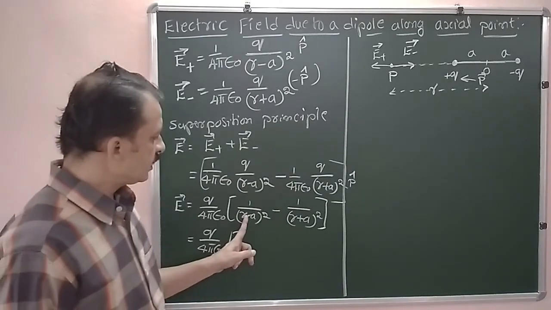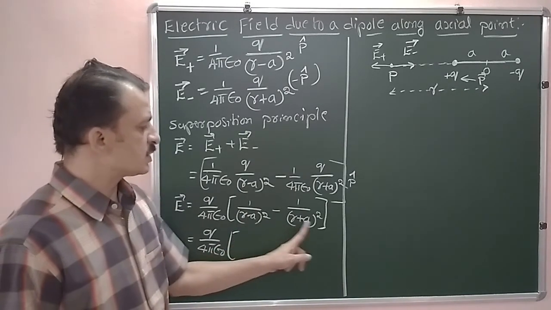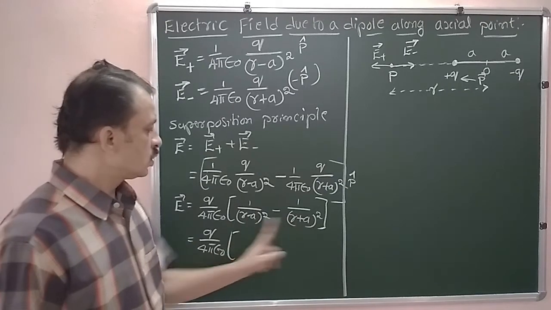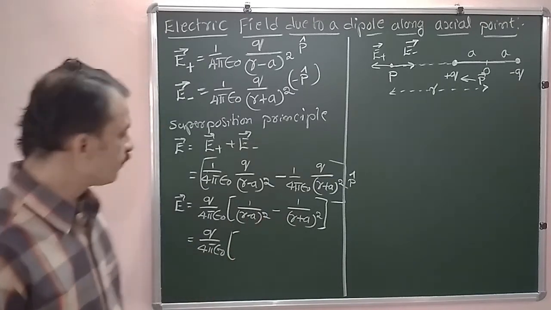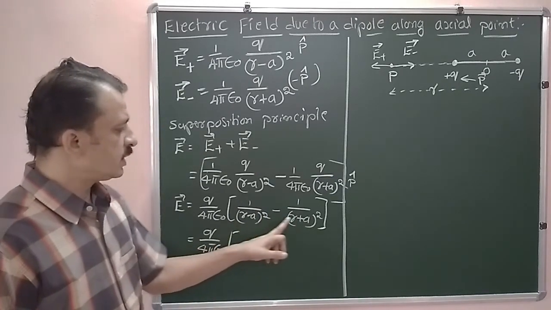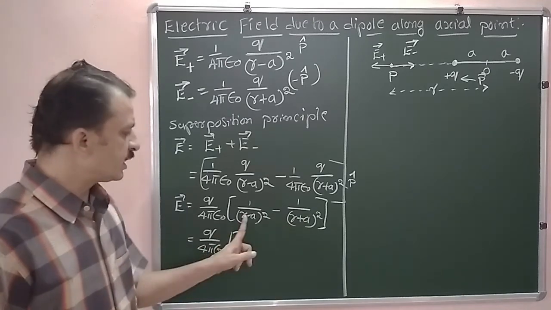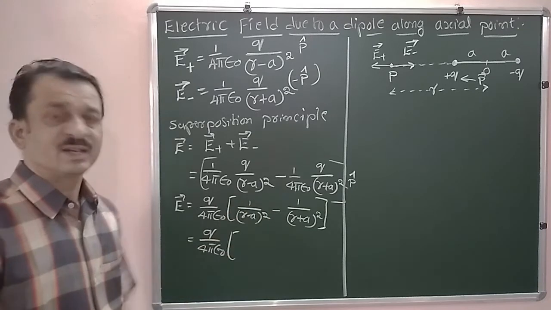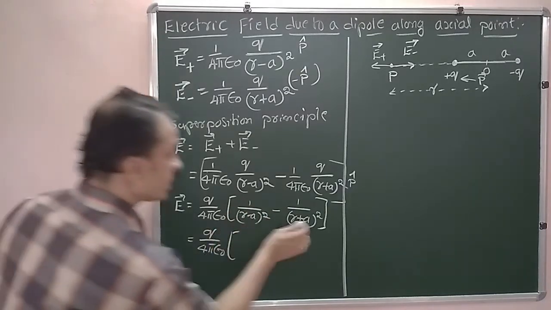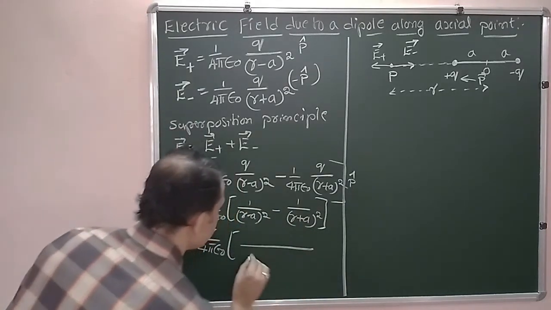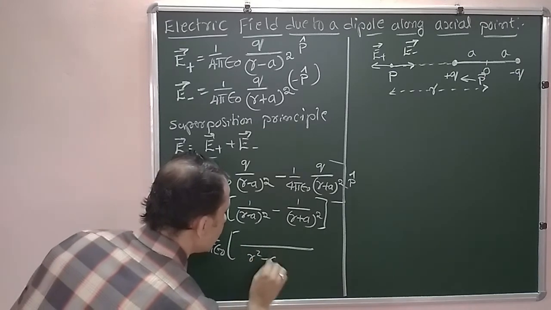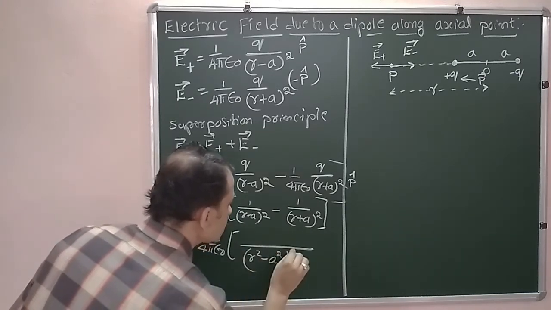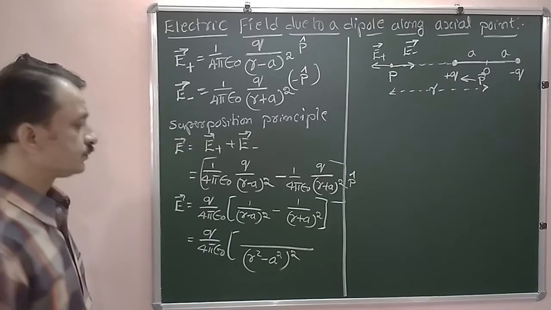Look at the denominator, it is r minus a and r plus a. So taking the LCM of these two, it is (r minus a) whole square into (r plus a) whole square. That can be written as (r minus a) into (r plus a) is r square minus a square, whole square. Now taking the LCM, I am getting (r square minus a square) whole square.